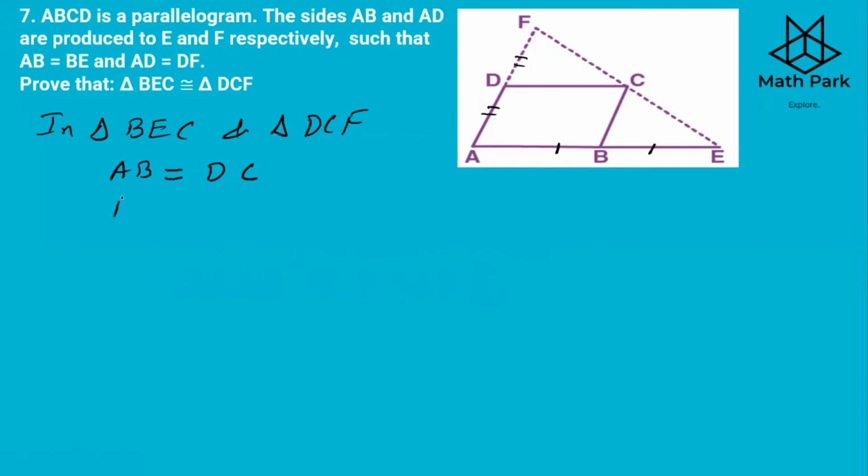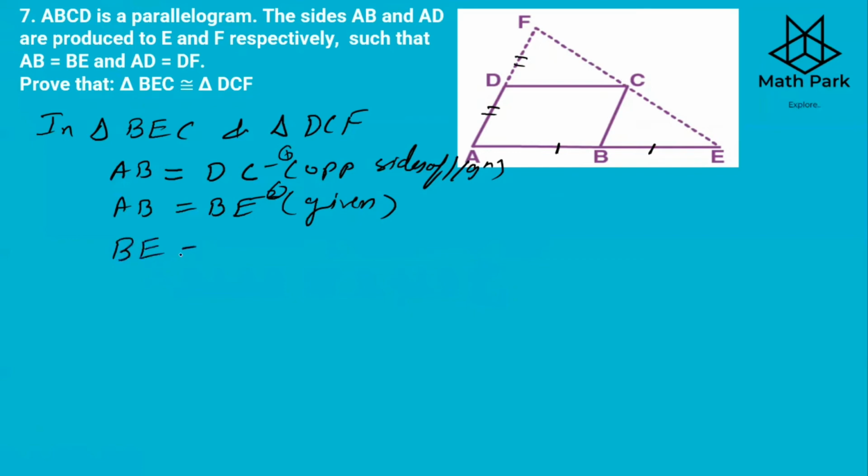But AB is also equal to BE, and this is given to you. So from these two, from 1 and 2, you get BE is equal to DC, from these two equations, correct?